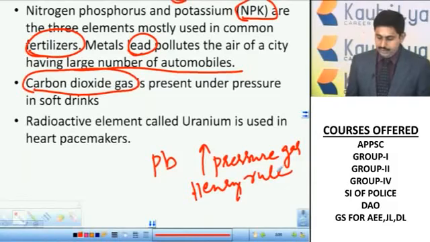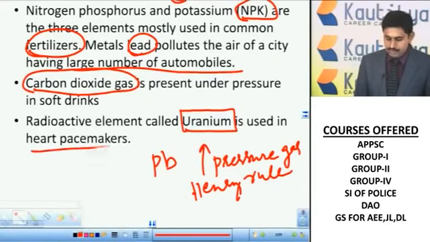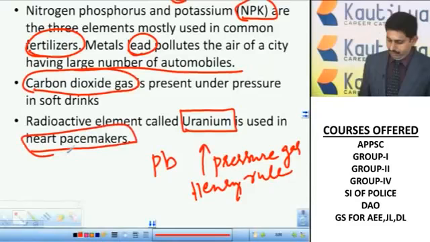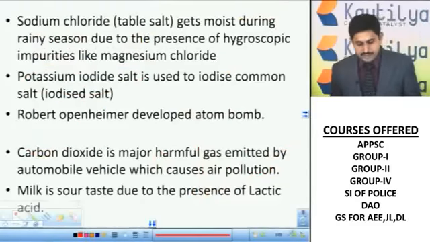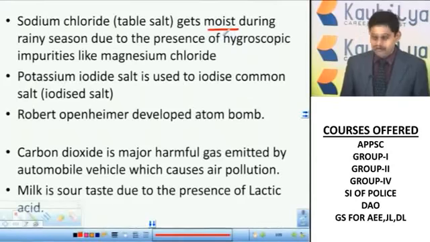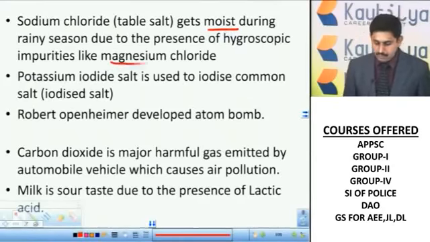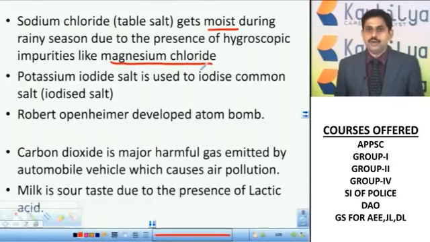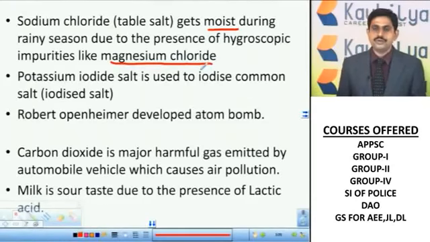Then uranium is a radioactive element, used in the preparation of heart pacemakers. Next one, sodium chloride is the common name for table salt, the common salt you use in daily life.